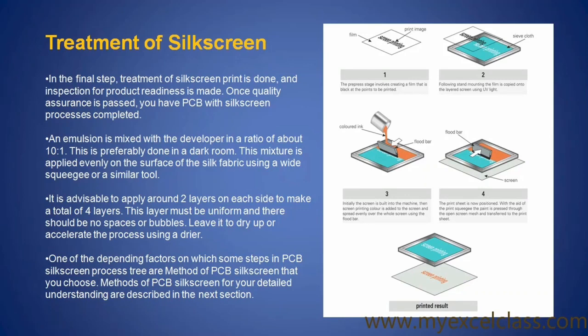Next, it is advisable to apply around 2 layers on each side to make a total of 4 layers. This layer must be uniform and there should be no spaces or bubbles. Now leave it to dry, or accelerate the process using a fan. One of the factors on which some steps in the PCB silk screen process depend is the method of PCB silk screening that you choose.